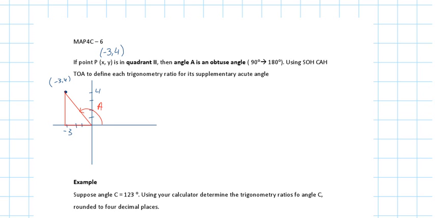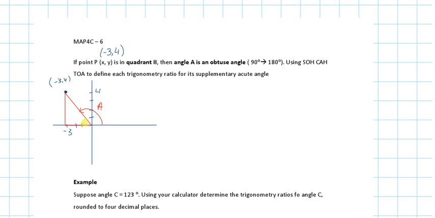But this angle is not inside my triangle, is it? No, it's outside my triangle. But what do we know about this angle A? And if I look at this angle here, what do we know about these two when I add them together? What do they give me? 180, which means they are supplementary angles. So, what do we call this angle?